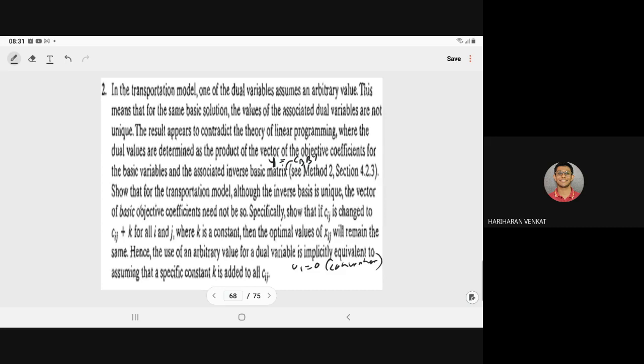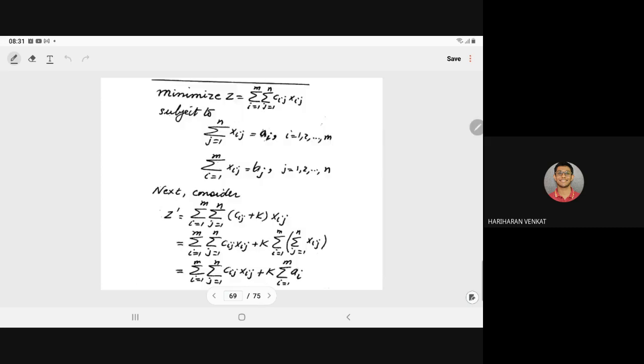Whenever we consider a different set of ui, we are taking a different constant value, and that constant value will not change the optimal solution. So here we are not contradicting. We are getting the same optimal primal solution.